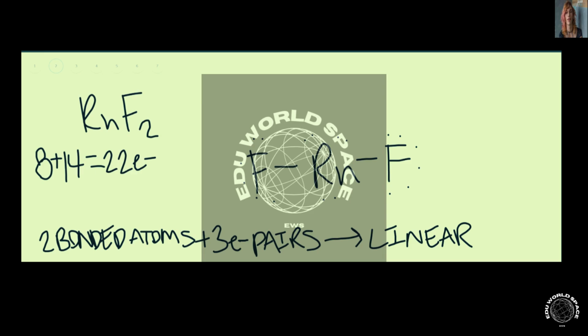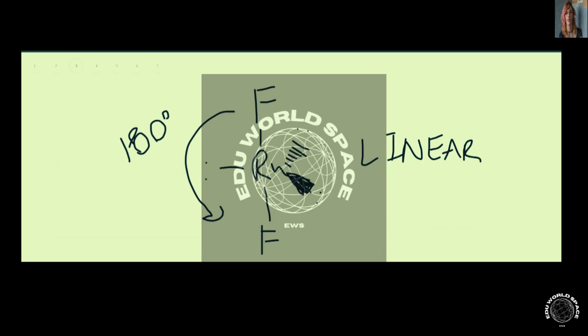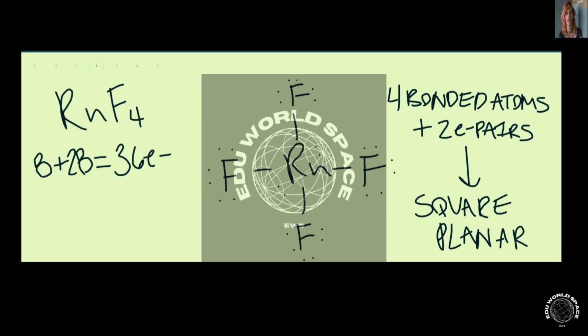That leaves us 6 electrons left over, so we put 3 lone pairs of electrons on radon. So then we have 2 bonded atoms and 3 electron pairs. That tells us that our molecule is linear. So we have 1 fluorine atom above radon and 1 below radon, and 3 electron pairs around the equator of the molecule. So the geometry is linear and the bond angle is 180 degrees.